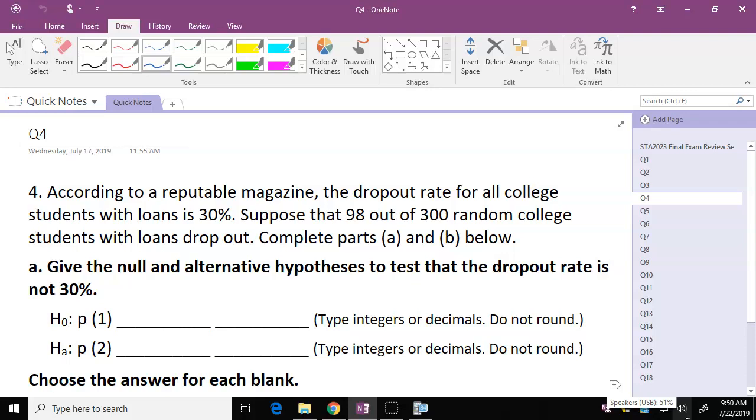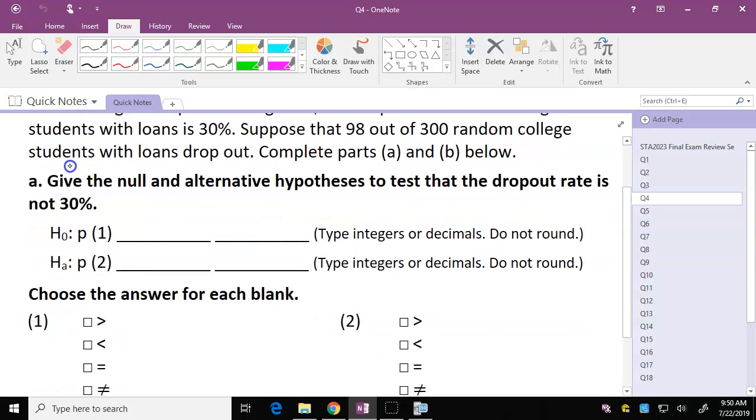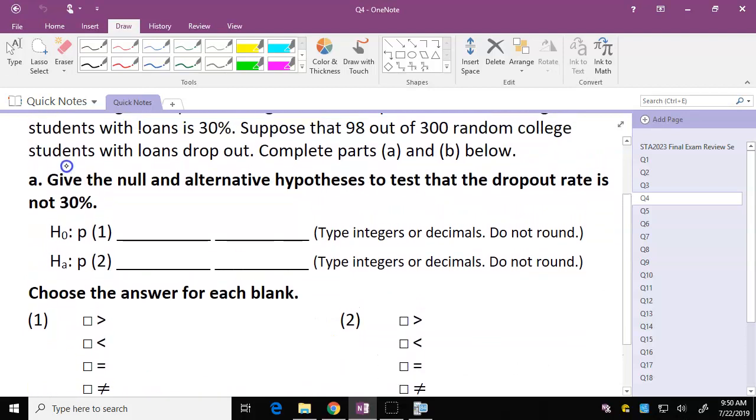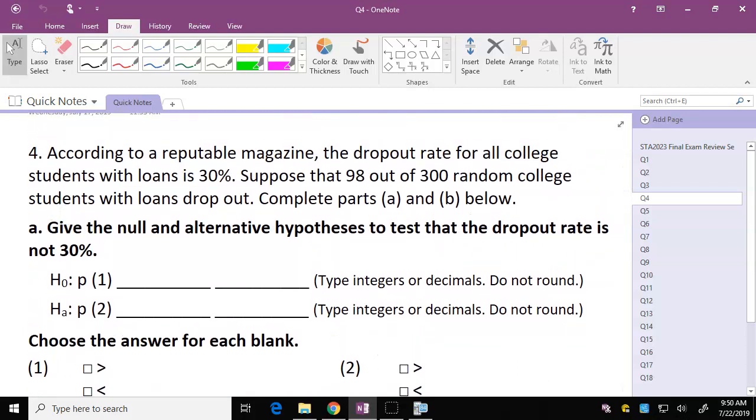All right, question number 4. It is coming straight from 8.1 as well. Again, we're still kind of talking about those hypotheses, and we're also going to talk about that Z statistic that's down below. So it says, according to a reputable magazine, the dropout rate for all college students with loans is 30%.